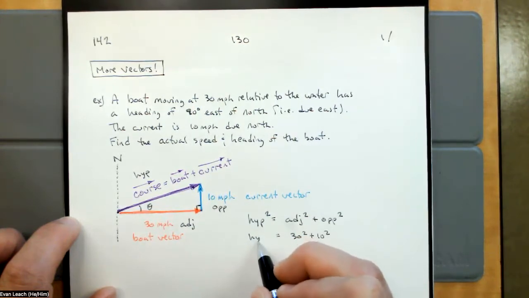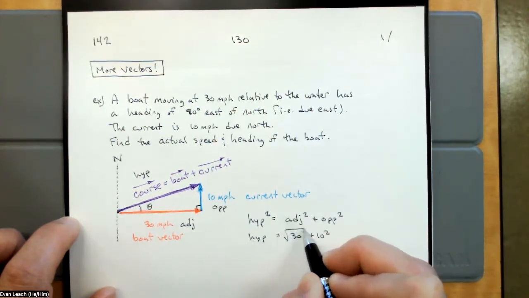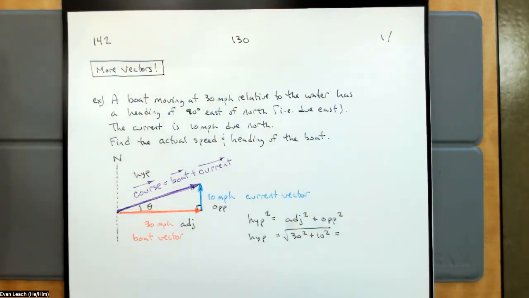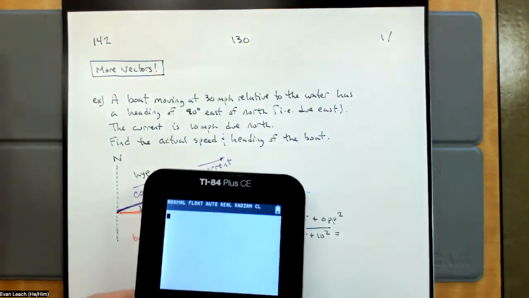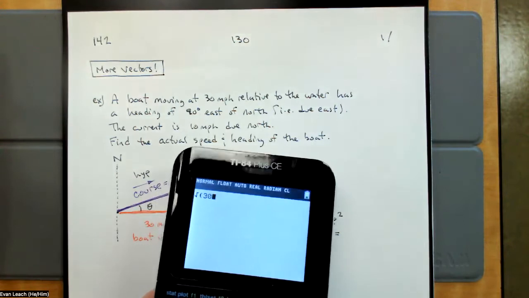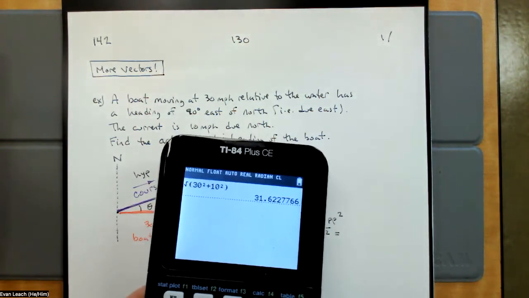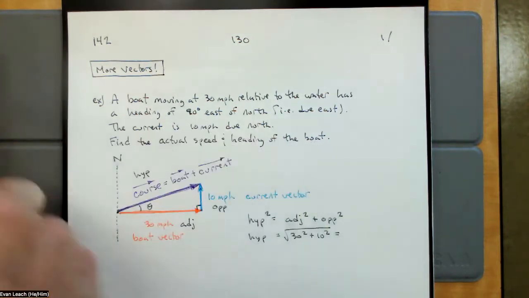So the hypotenuse will be the square root of 30 squared plus 10 squared. We'll just grab our calculating machine, figure out the square root of 1,000. So square root of 30 squared plus 10 squared, 31.62.